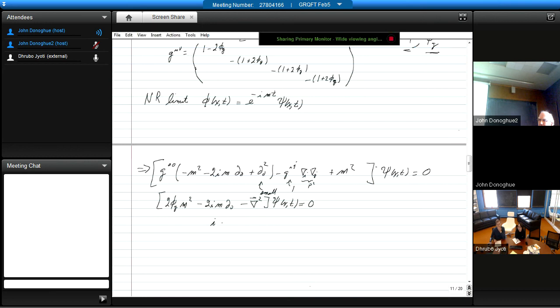I get i d by dt on psi equals minus del squared over 2m, that's the usual p squared over 2m piece, plus m phi g psi.